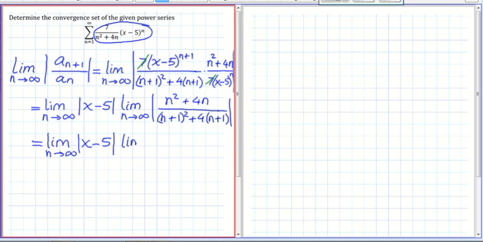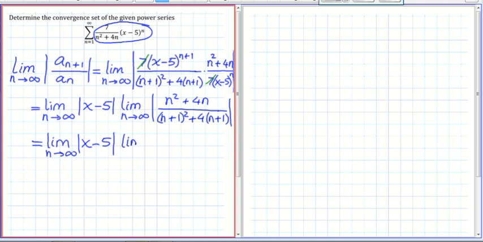And so pretty much that limit, what we have when n goes to infinity, is just equal to the absolute value of x minus 5. Next, the ratio test says that when we take the ratio of the next term over this term as n goes to infinity, if this one is less than 1, it will be convergent.